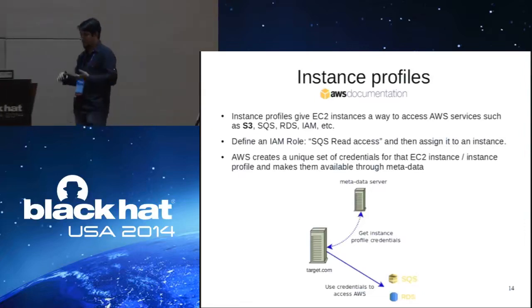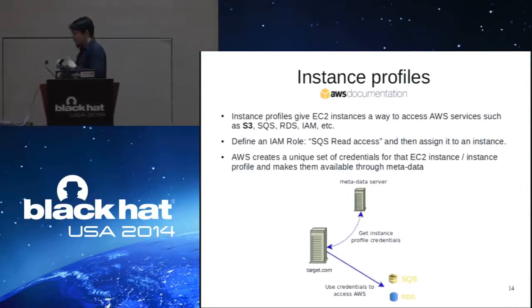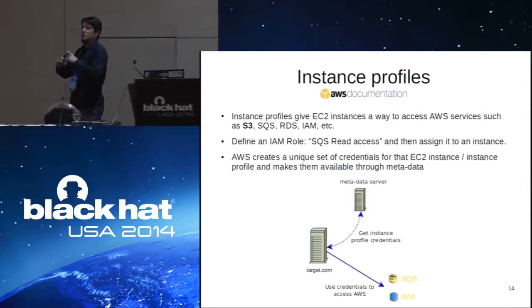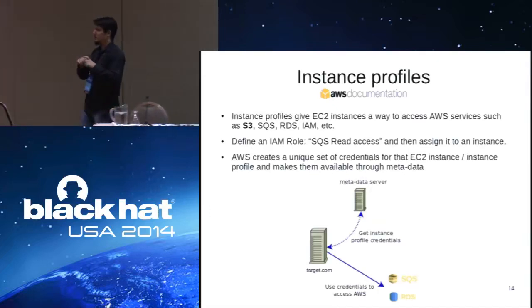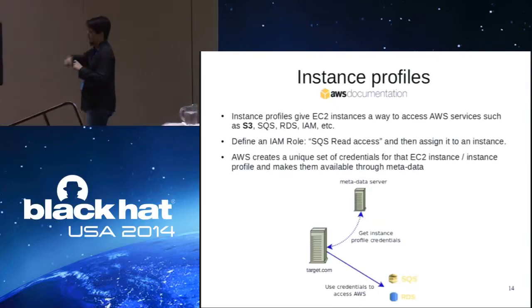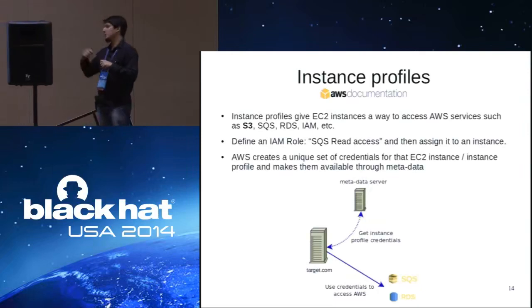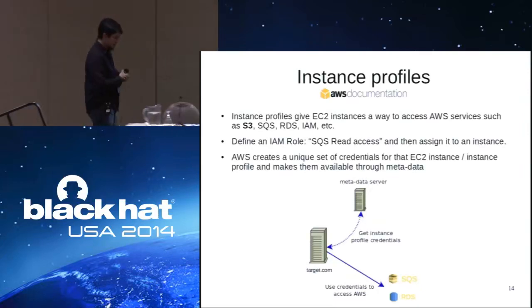If you use Python, you're going to use Boto. So those libraries running in that EC2 instance will know how to retrieve the instance profile credentials from the instance metadata. They're going to simply know how to do it.